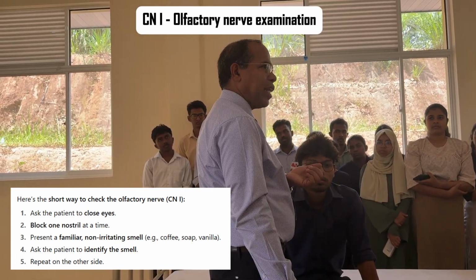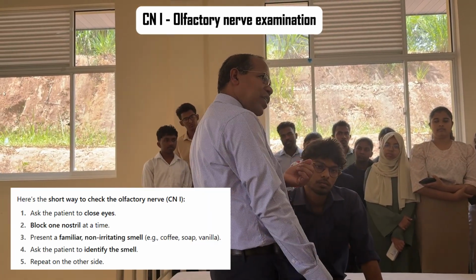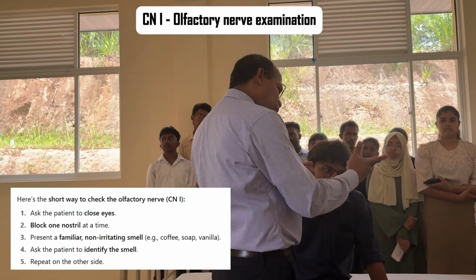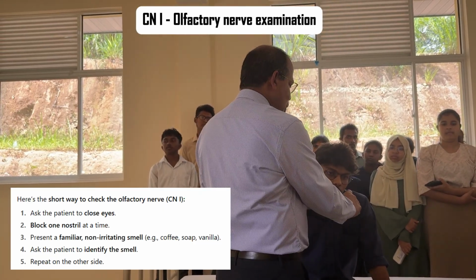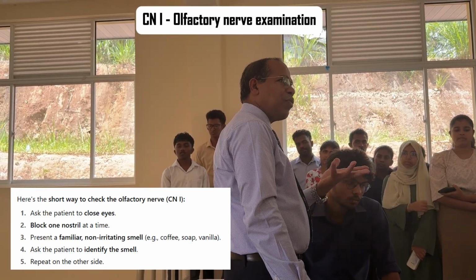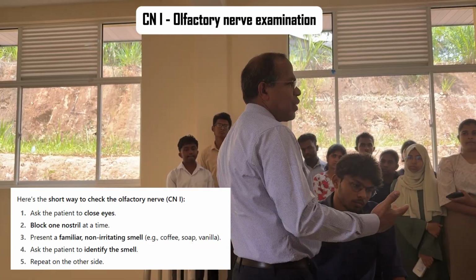You can say that correctly. Test the first nostril first, and then a different smell with the other nostril, closing the other one, and ask what do you feel? He will say, okay, I can feel a lemon smell. So that you have said it correctly.